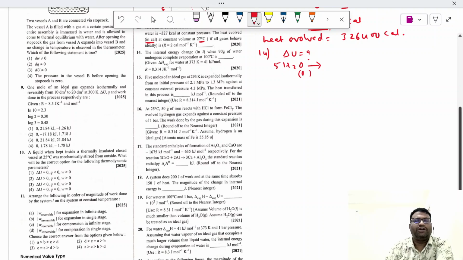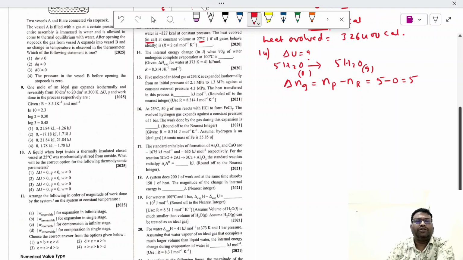So liquid water undergoes complete evaporation, so 5 moles of gas at 100 degrees centigrade, right? Enthalpy of evaporation is given, so let us take delta Ng is equal to number of moles of gaseous products minus number of moles of gaseous reactants, that is equal to 5 minus, here it is gas but here it is liquid, that is equal to 5.